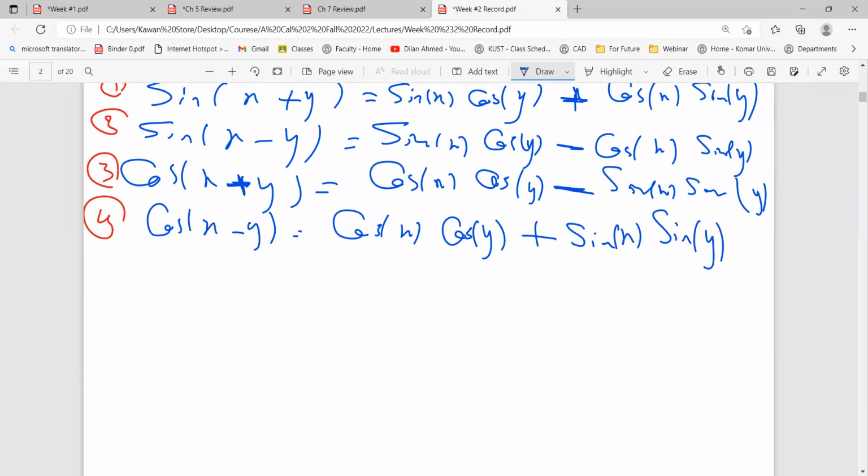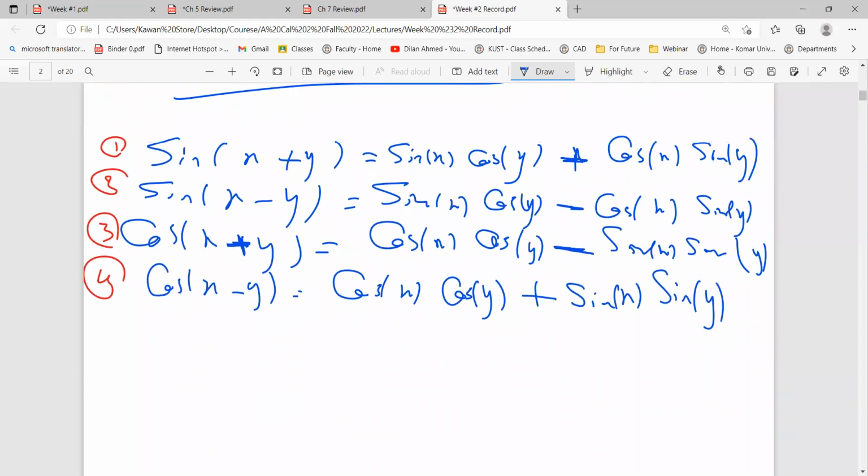Now, for example, if I am going to add equation number one, the first one plus the second one, I'll get what? If I add these together, so I'll get what? Add the first and the second.